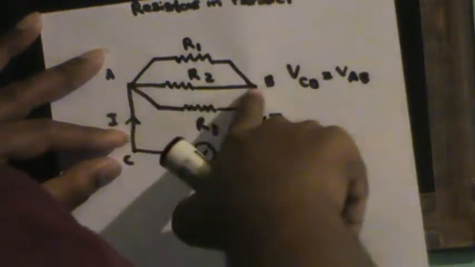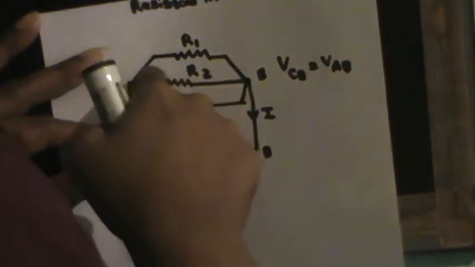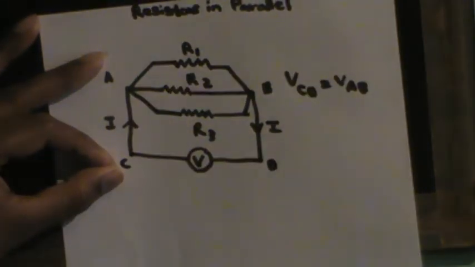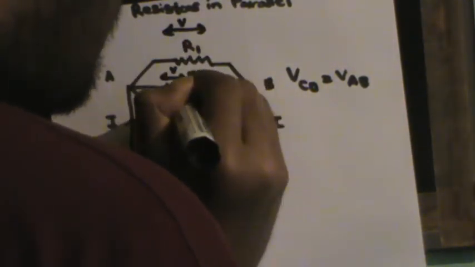All these are connected to points A and B, so the voltage across all these resistors should be VAB. Since VAB is equal to VCD, the voltage across each resistor should also be V. So this is V, and this is V, and this is V.